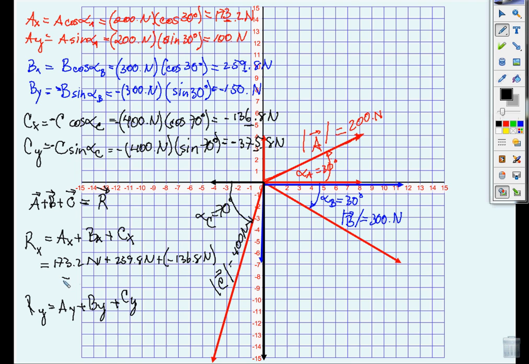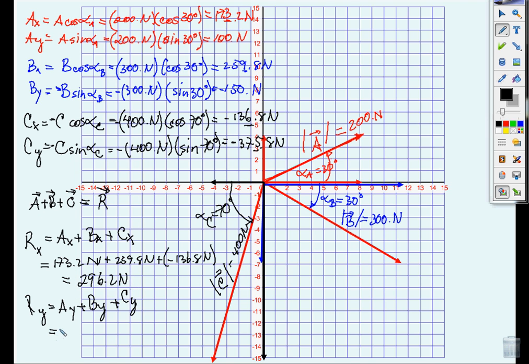So when you add all that, grab your calculator, please notice the negative sign. We have 173.2 plus 259.8 plus negative 136.8. We're going to get a final value of 296.2 newtons. So the resultant has a component in x equal to 296.2 newtons.